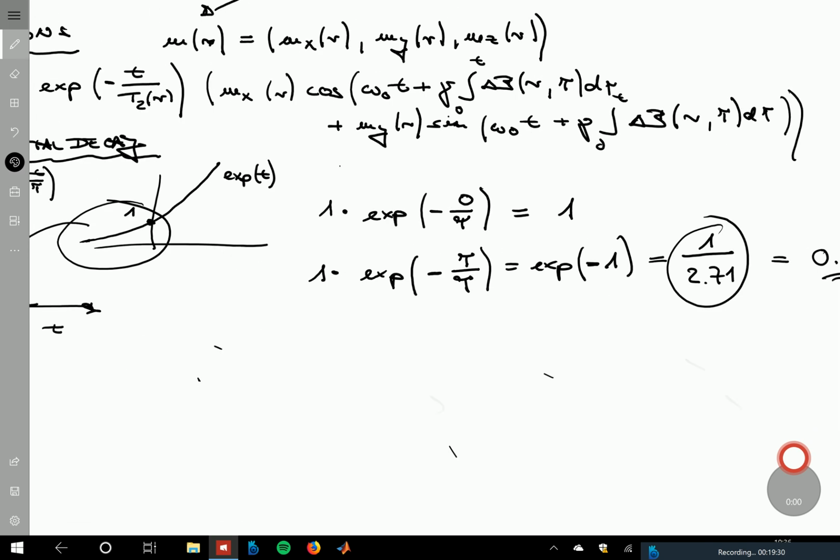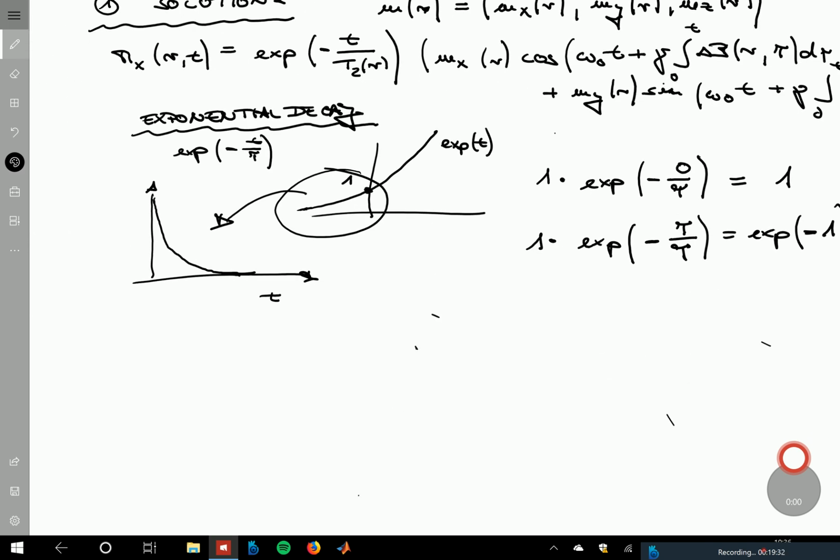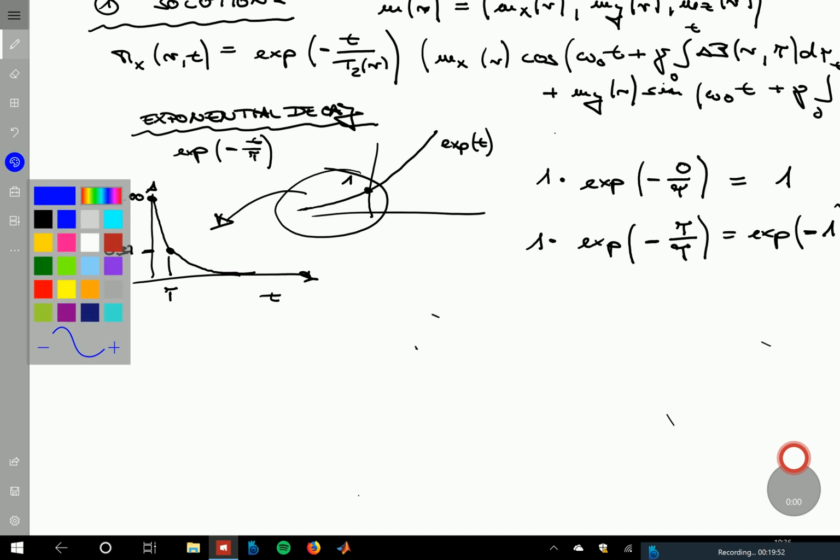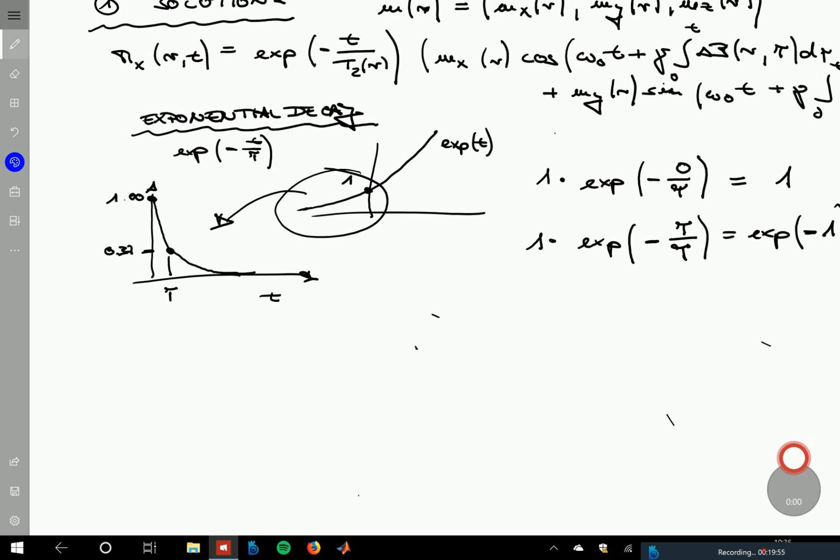So tau can of course change. This is when things are at 1, and at one point we are at 37% of it, and this happens at a time called tau. And depending on what the value of tau is, this happens either earlier or later.